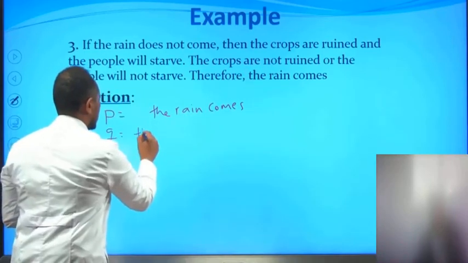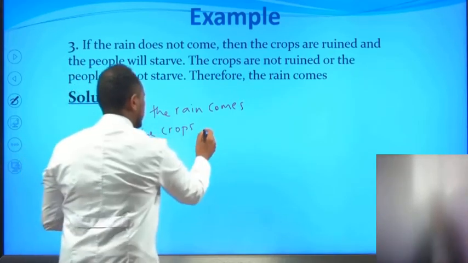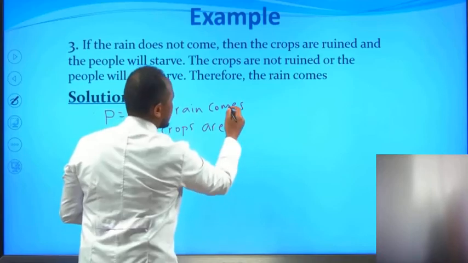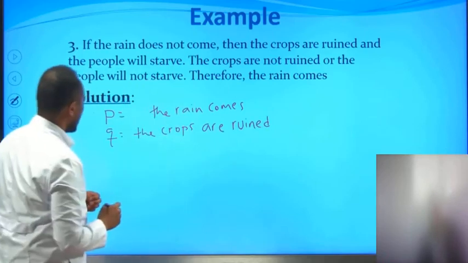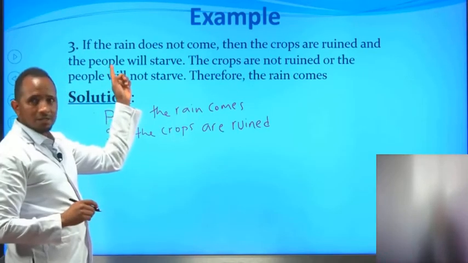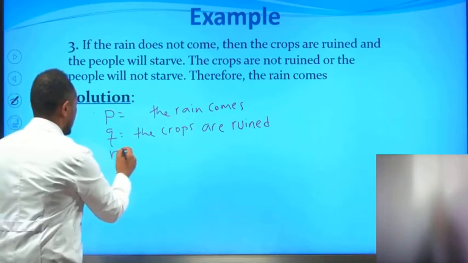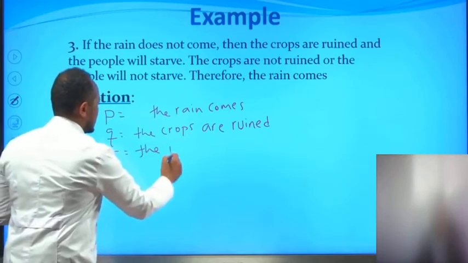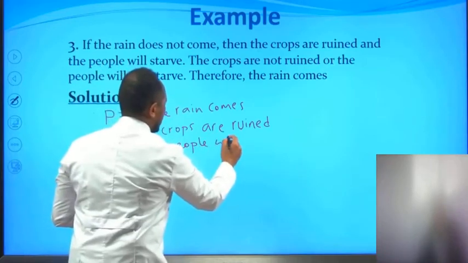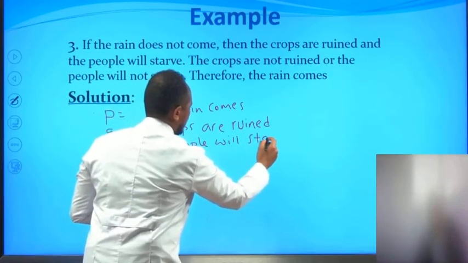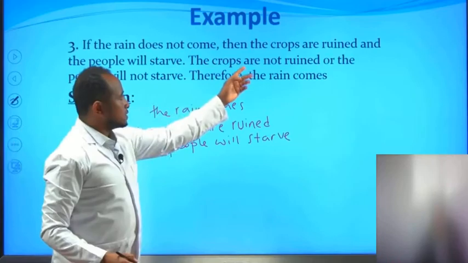We also have a third statement here: the people will starve, R. Now the crops are in the same statement.